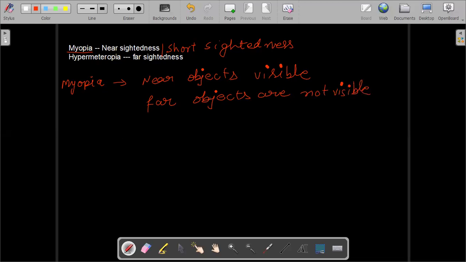So about the near objects which are visible, we can say myopia being nearsightedness, hypermetropia being farsightedness. Let's see how it happens, we'll see both of them.